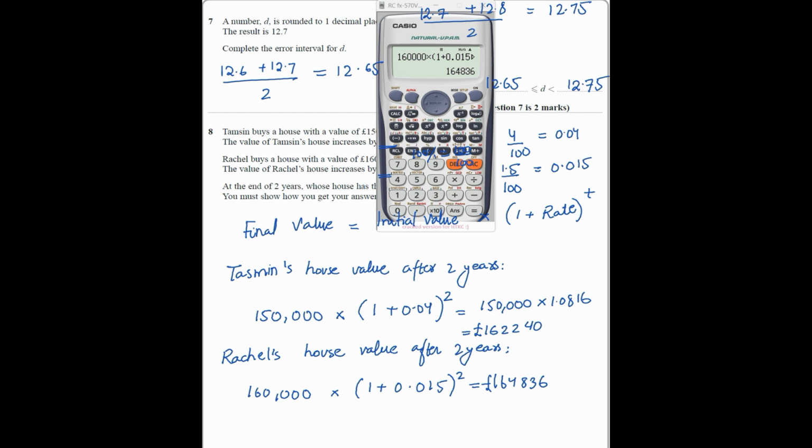It's quite obvious because the amount is 164,836 and Tasmin's house amount is 162,240. So in the end, we can say that Rachel's house has the greater value after 2 years.